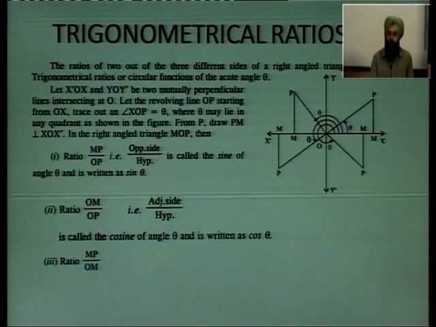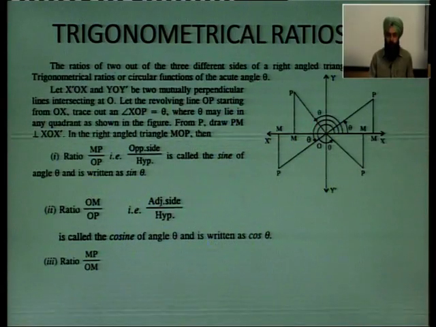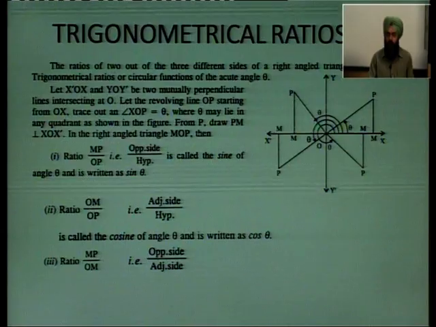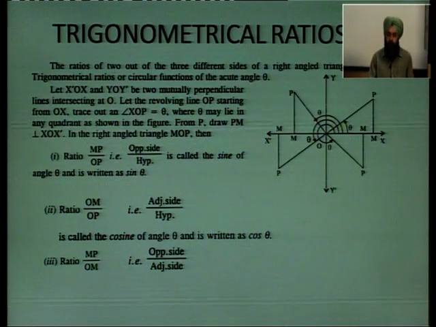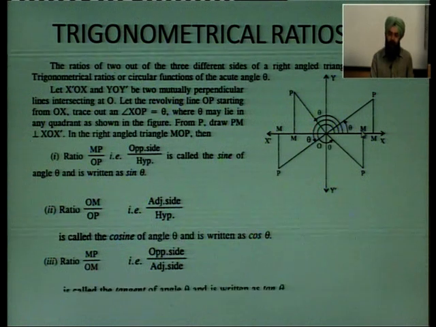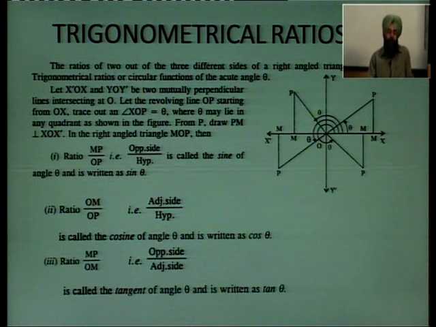And then the ratio MP by OM. This is MP and this is OM. So, this is opposite side by adjacent side and this is the tangent of angle theta, written as tan theta. So, basically we have 3 functions: sine function, cosine function and tangent of angle theta.